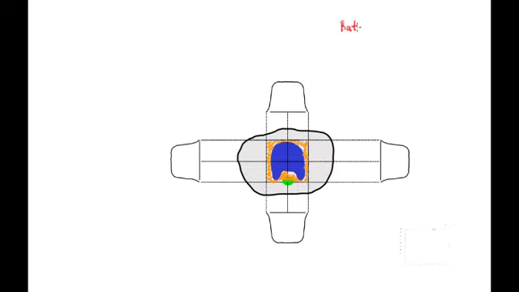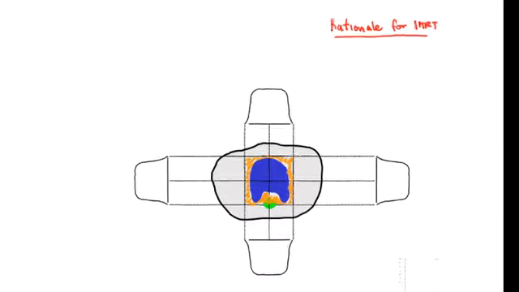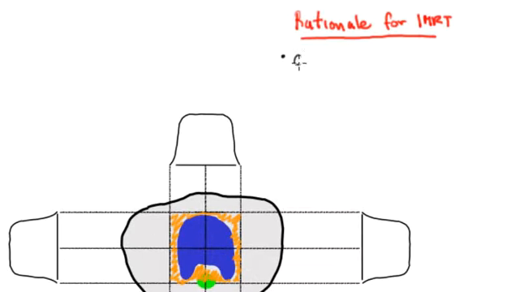So now you can understand some of the rationale for IMRT in terms of the physical dose distribution. So number one is the coverage of the target. The dose should be conformal dose to the target. That means the dose is tightly wrapped around the target.